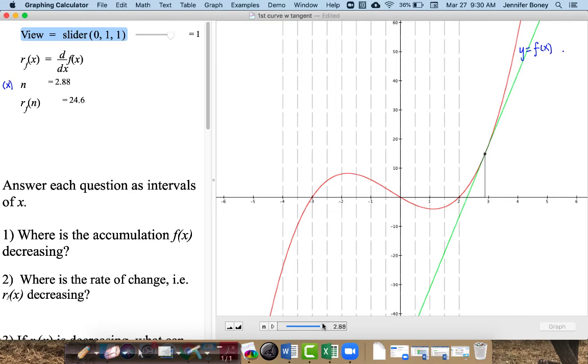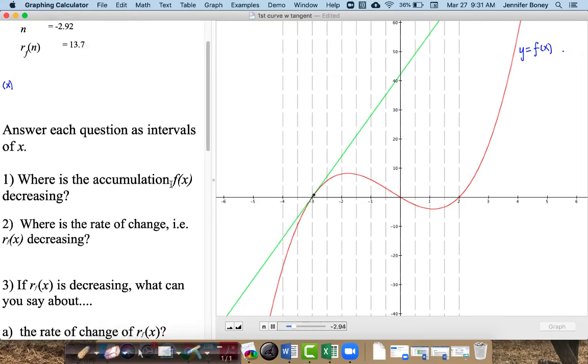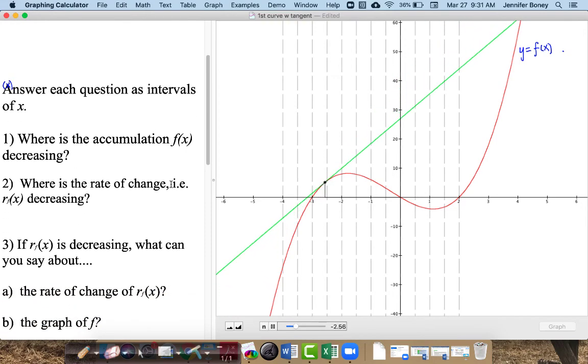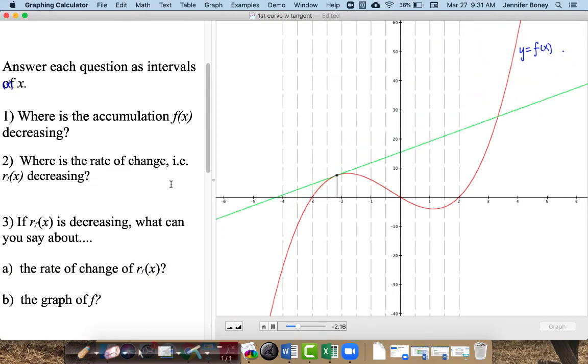So look at this function. And I have the dotted lines here so you can more easily follow up and down. Look at this function and think about over what intervals f of x is decreasing. And then also think, where's the rate of change decreasing?